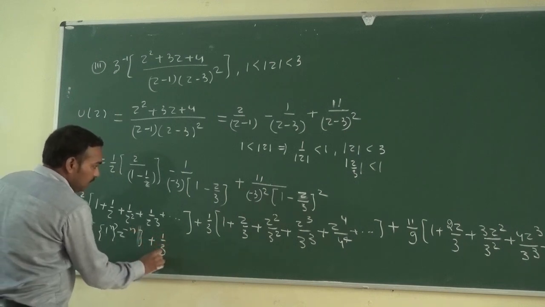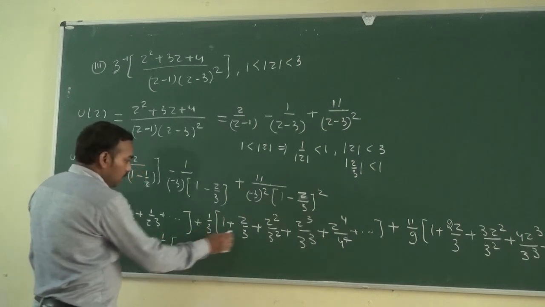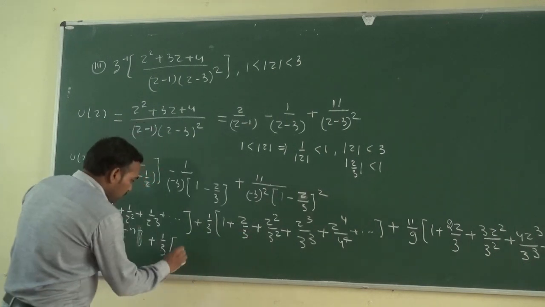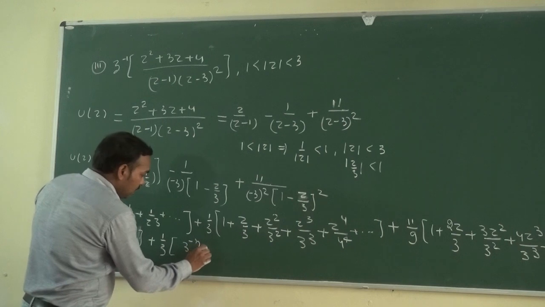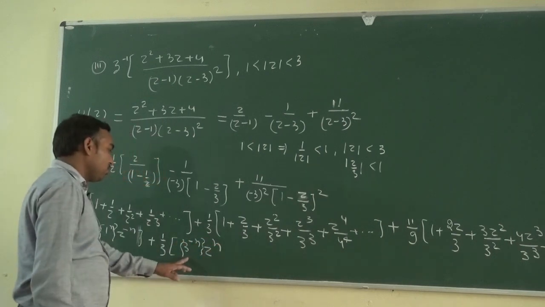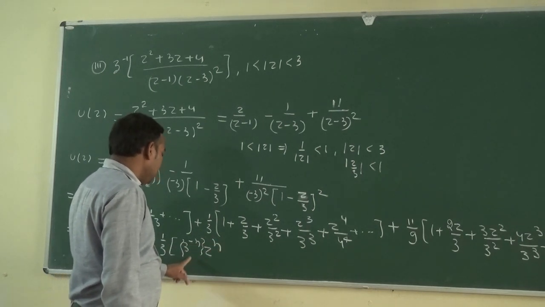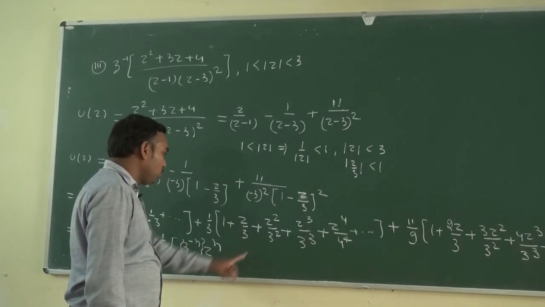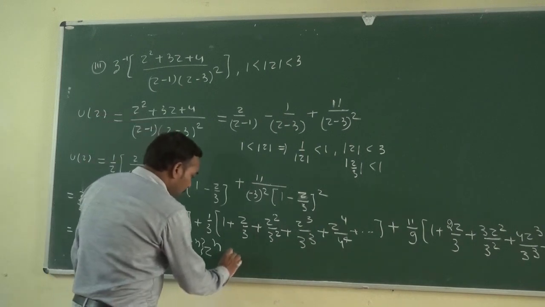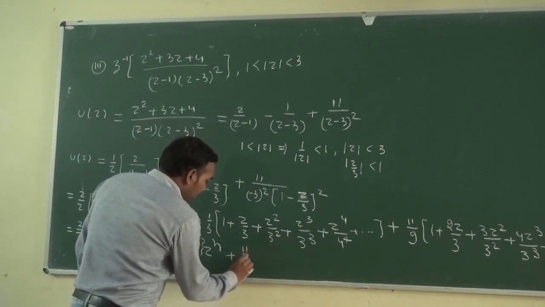Plus 1 upon 3, and write this as 3 to the power minus n, z to the power n. So n equal to 0, 0; n equal to 1, z upon 3; n equal to 2, z square upon 3 square; plus 11 upon 9.